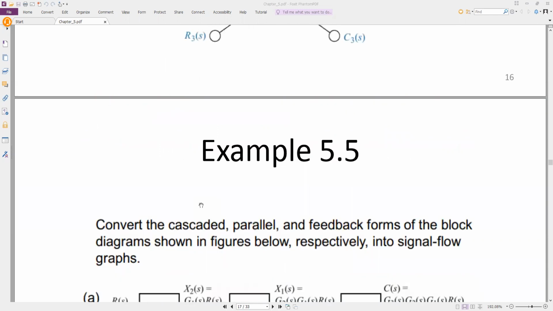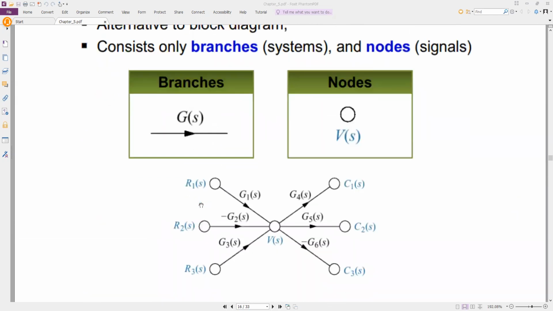Hello, sir. One time again. What use branch? Okay, a branch is actually a block diagram. Let me show you one thing. Say that is your system, right? Now if you convert it into the signal flow graph, these are the signals, right? So we'll use this thing, and that is the system branch.